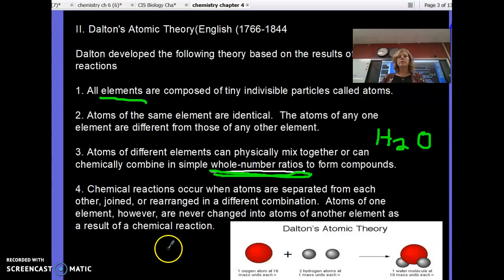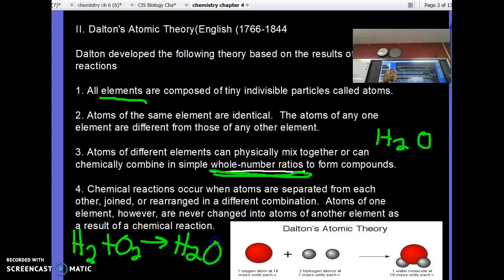Chemical reactions occur when atoms are separated from each other, joined, or rearranged in a different combination. So a chemical reaction, if I combine hydrogen gas and oxygen gas, they combine to produce water.